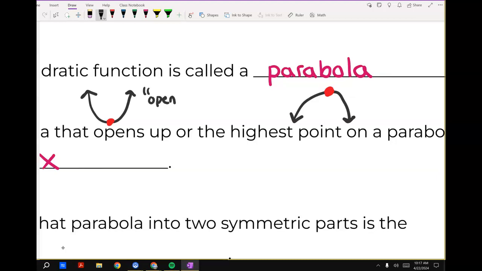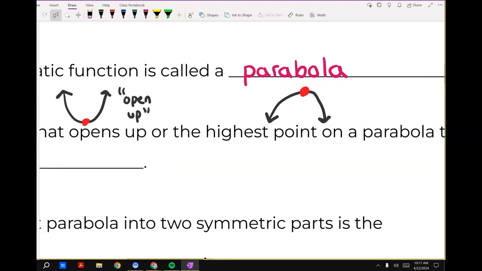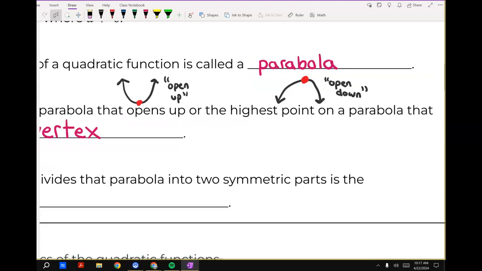So this is open up. This would be open down. And all these vocab words are important, so when we're talking about features of our graph or I'm explaining steps later on in the chapter, we know what I'm referring to. We have a shared language that we're using to talk about these.